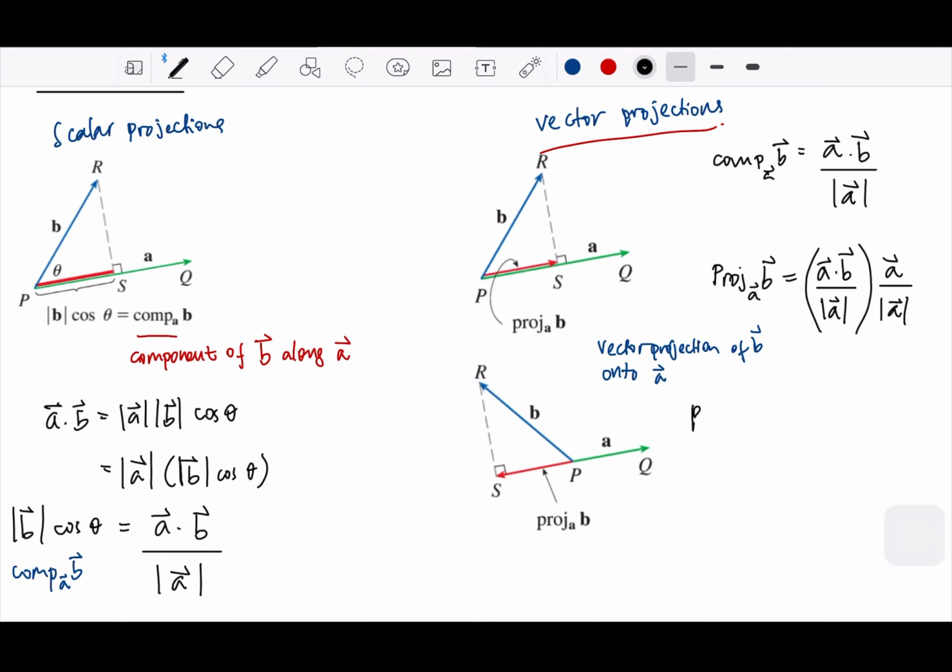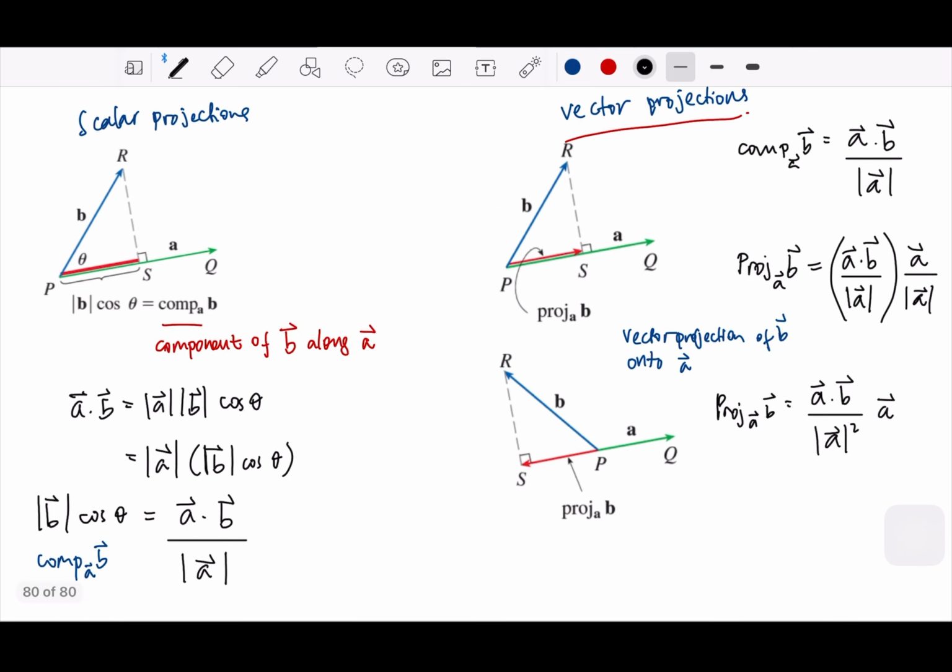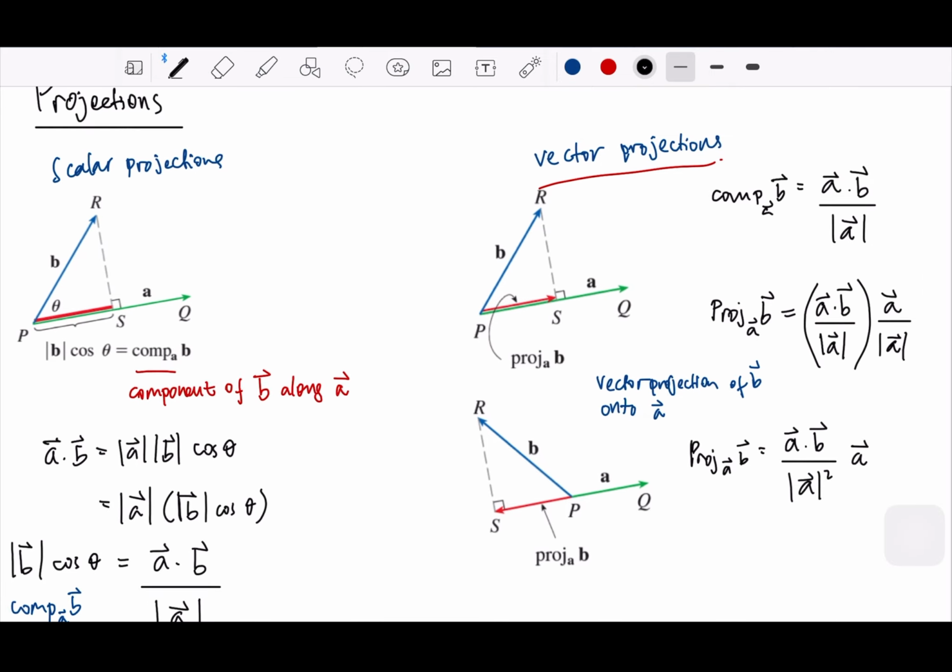So then we can write down the projection as A dot B divided by the magnitude of A squared, multiplied with A. Basically, the vector projection is the scalar projection multiplied with the unit vector A, the one that you want to project onto.